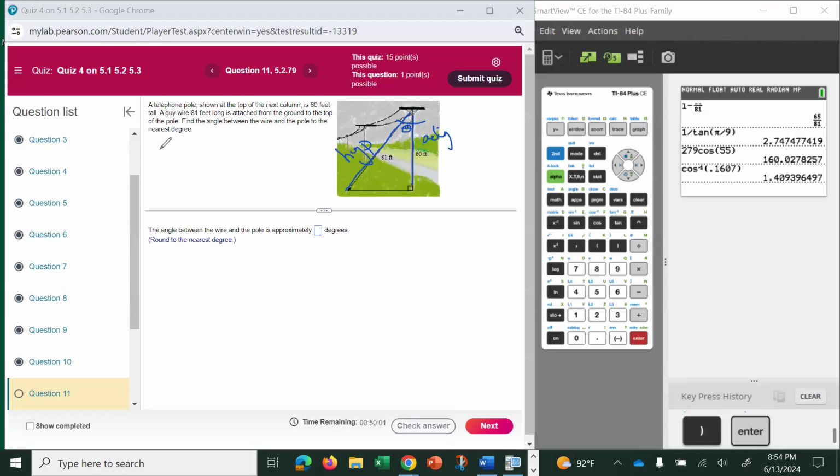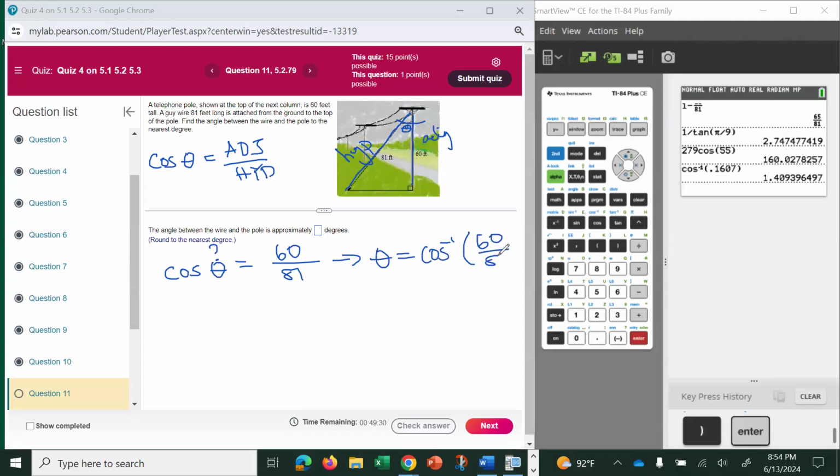Think about what trig function relates adjacent with the hypotenuse, and that's cosine again. So cosine of an angle relates adjacent with hypotenuse. We don't know the angle, but we know the adjacent is 60, hypotenuse 81. Since we don't know the angle, we're going to use the inverse cosine. So inverse cosine of 60 over 81.